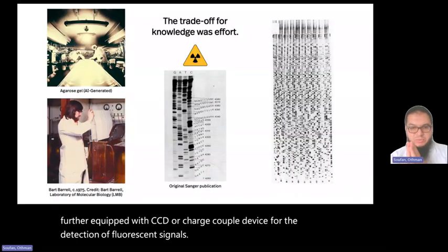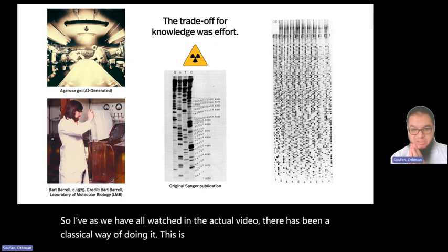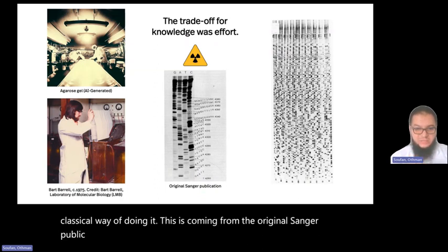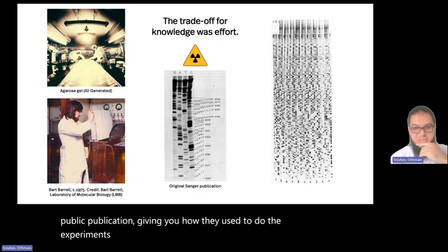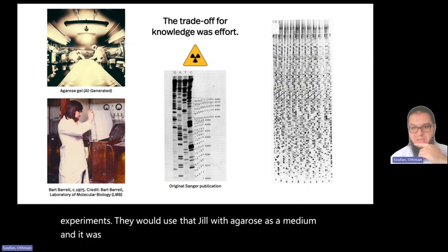So as we have all watched in that short video, there has been a classical way of doing it. This is coming from the original Sanger publication, showing how they used to do the experiments. They would use a gel with agarose as a medium, and it was a demanding process. There were no colors there.